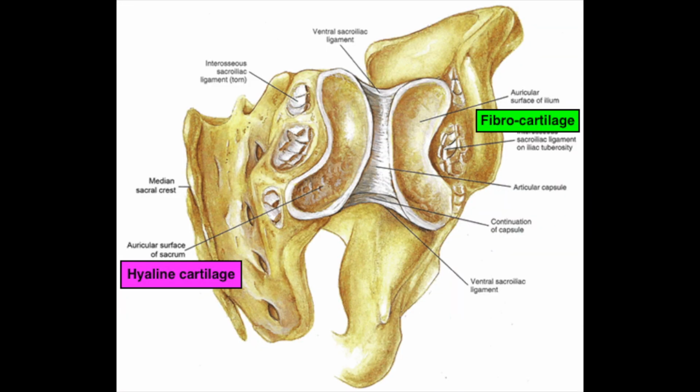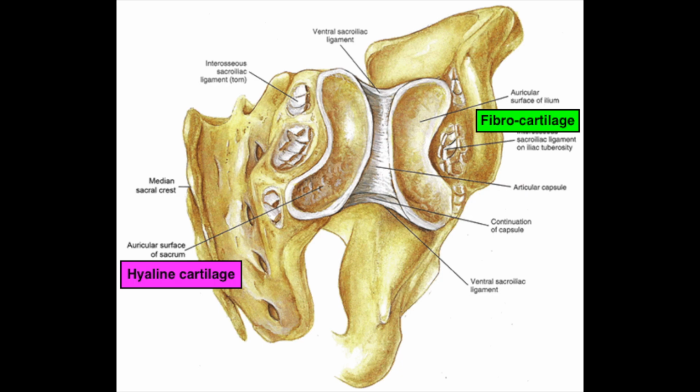But the important thing is that the two surfaces in this joint are lined by different cartilage. On the ilium, the articular surface is covered by fibrocartilage. Remember, a smooth bone covered by a rough cartilage. And the sacrum, which is a rough bone, is covered by a smooth cartilage, that's hyaline cartilage.